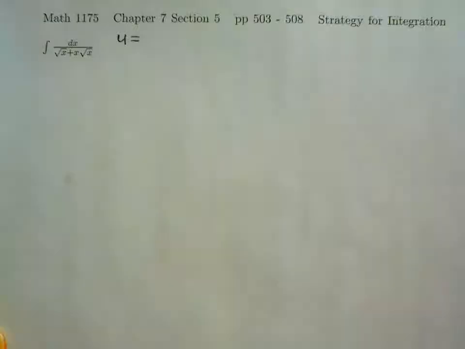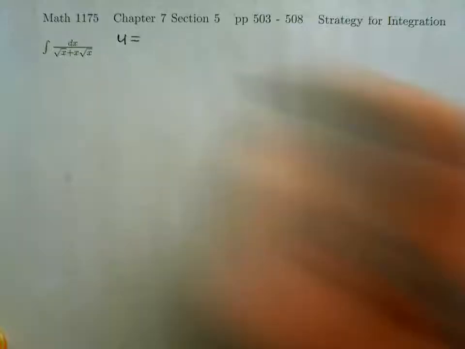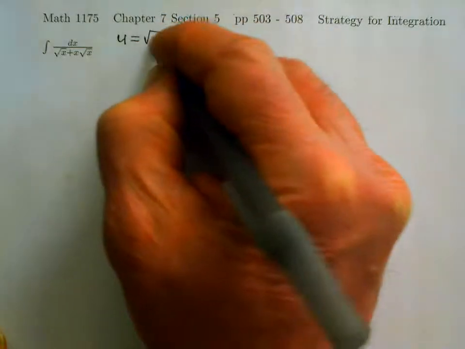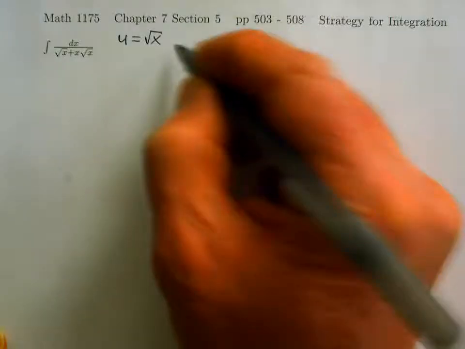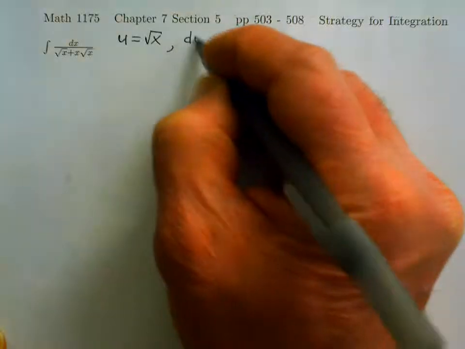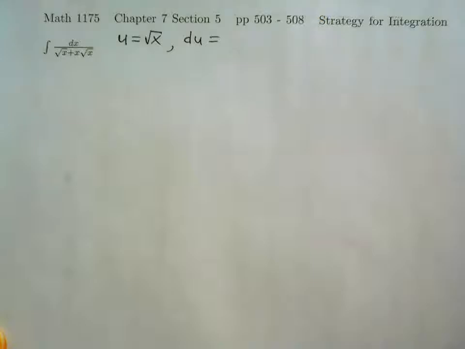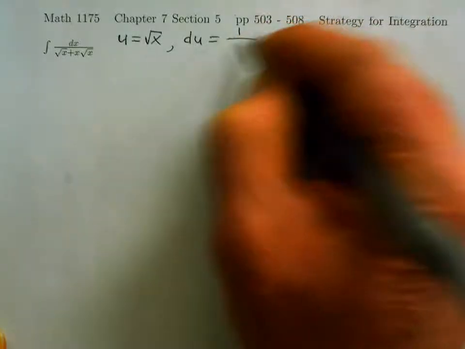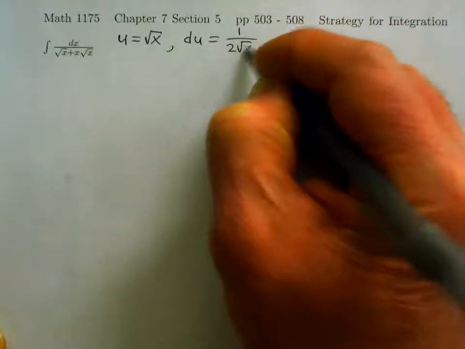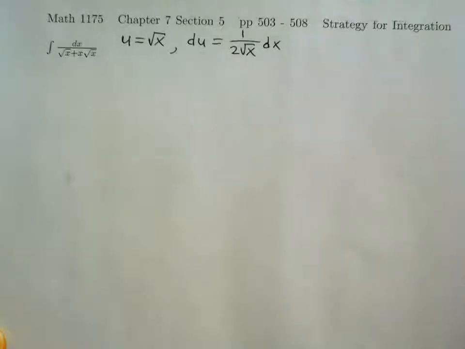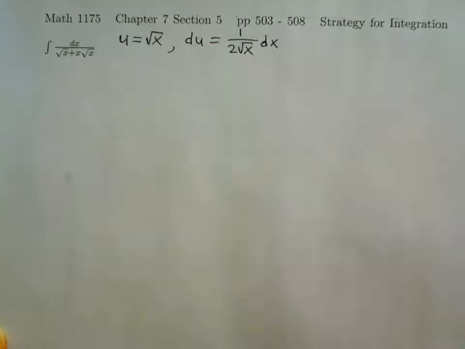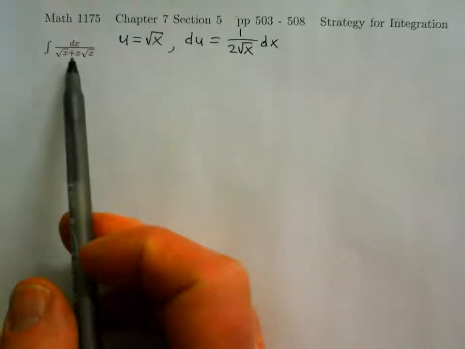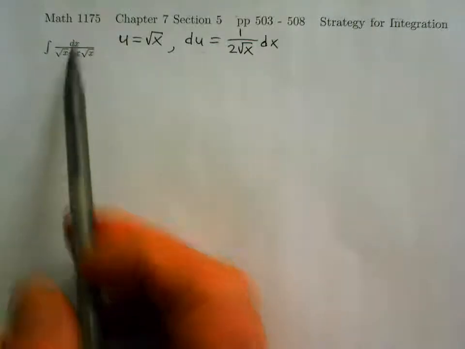Well, we can get this to work out if we just make a substitution. If I assign u to be the square root of x, which is the same as x to the 1/2, then du turns out to be 1 over 2 times the square root of x dx. In our indefinite integral, we see dx.